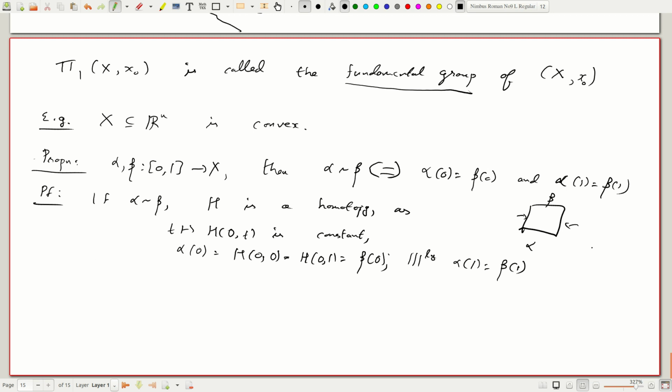What if I have two paths with the same endpoints? Well, I can just take convex linear combinations of these.